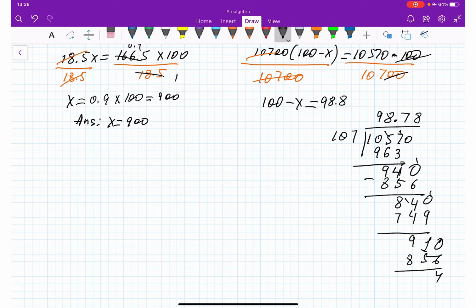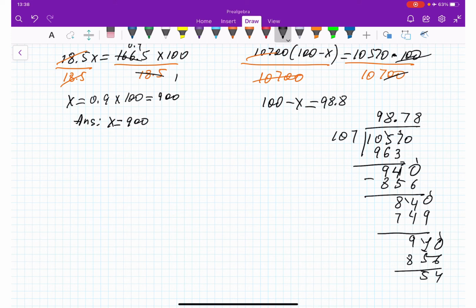So 10 minus 6 is 4, 10 minus 5 is 5, so 54 is less than 107, and I'm stopping here. There's no point in continuing, because we require only the nearest tenth. We round up because after 7 there is an 8.